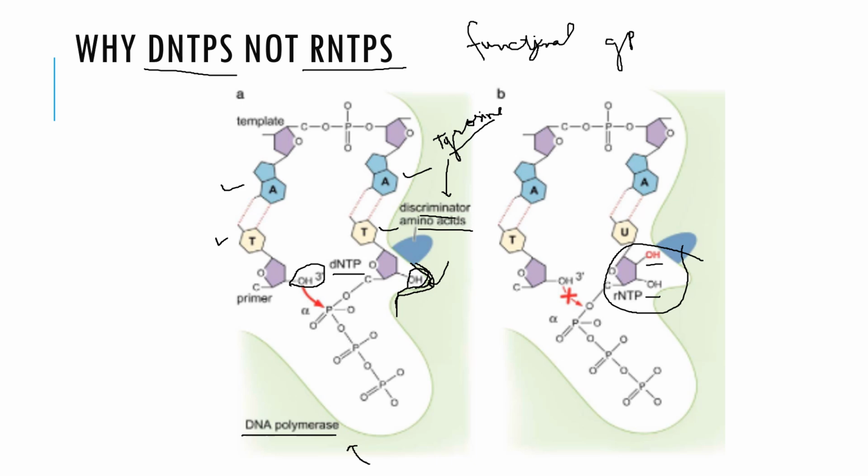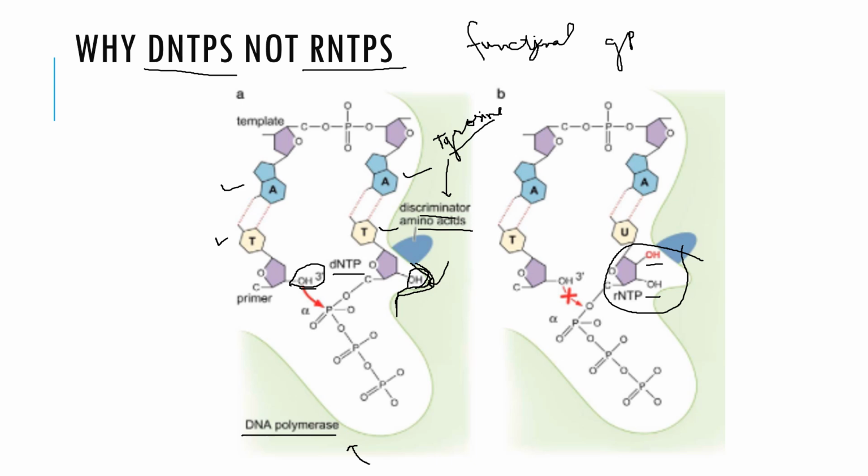So to form a bond between the two nucleotides, this OH group will attack the alpha phosphate of the nucleotide, and after attacking the alpha phosphate of the nucleotide, the bond formation will be carried out. Okay, so everything is correct.